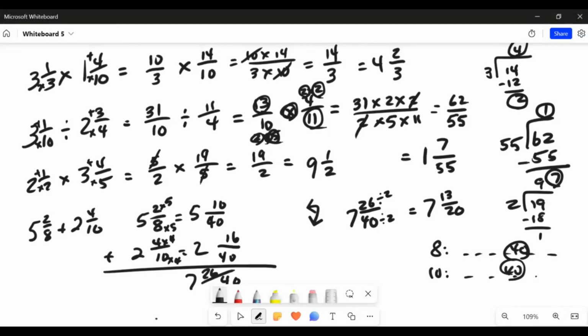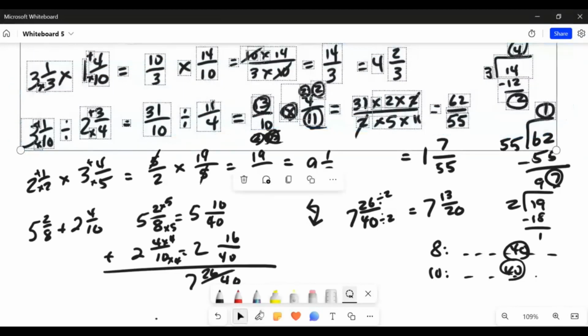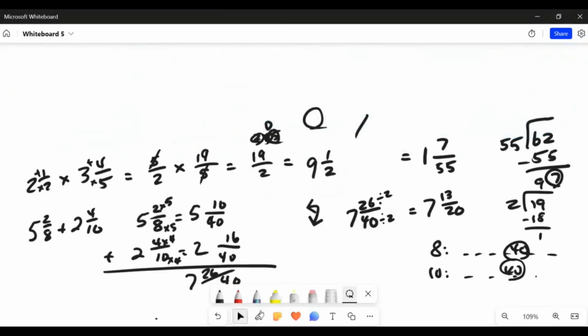Okay. And then the last two where we were simplifying. So I had 1,115 divided by 125. I could go ahead and change that into a mixed number, but I'm going to do some simplifying first. I know 5 goes into both of those because they both end in 5.